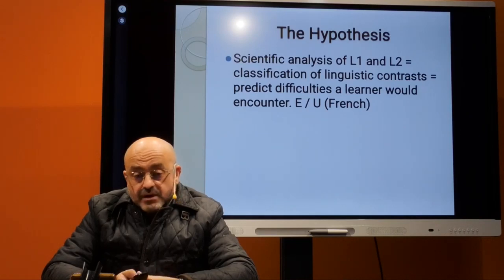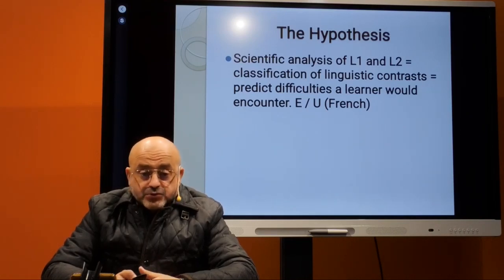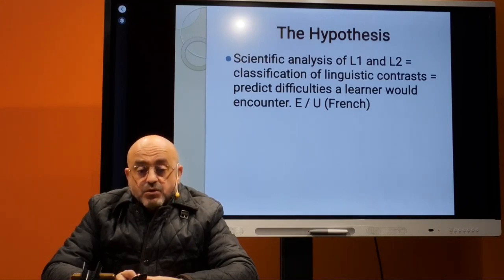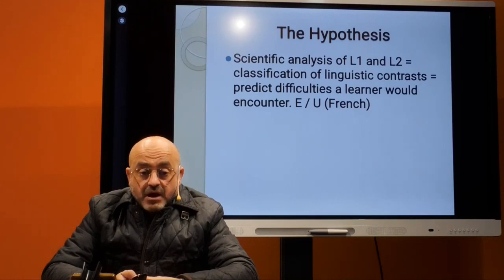Same for a French student, for example, who is about to learn Arabic. We can expect that the French student will have difficulties to pronounce sounds, or consonants, that do not exist in the French language, like the sound q or the pharyngeal sound h.